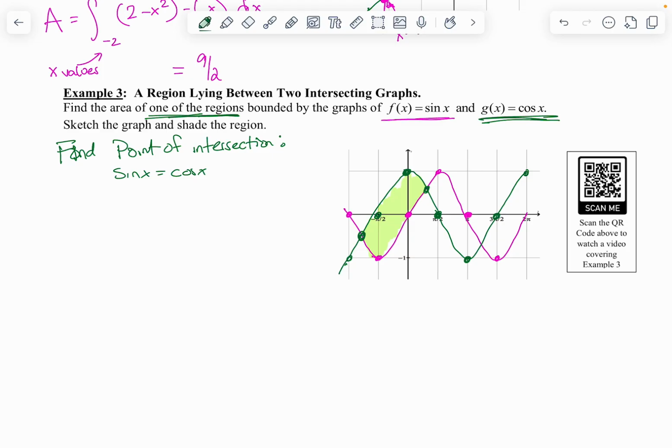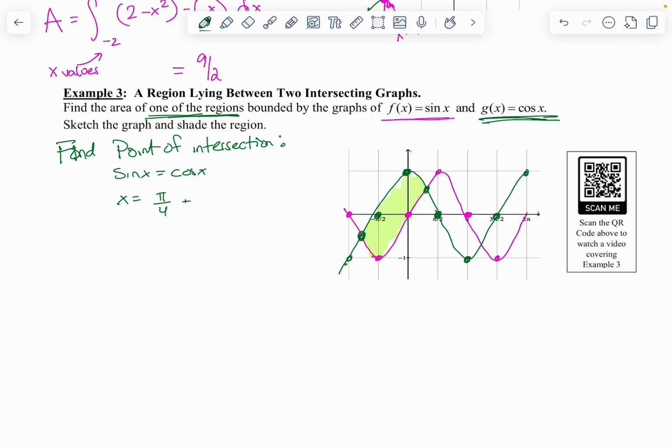Well, you have to remember the unit circle at this point, and you know that sine of x and cosine of x have the same signs in quadrants 1 and 3, right? So when is sine of x equal to cosine of x? Well, that happens only at pi over 4 and 3 pi over 4.